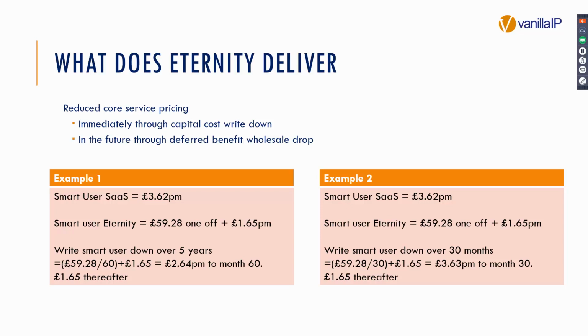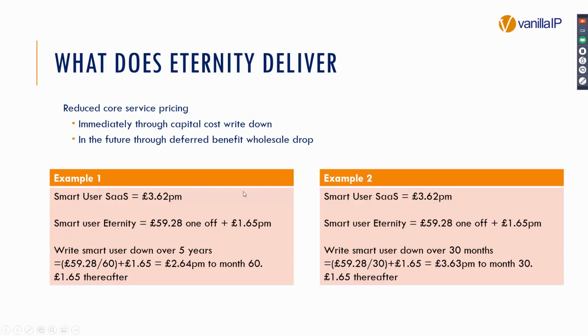There is a capital cost to the license, and then there is an ongoing maintenance charge. But effectively what it allows you to do is to purchase one of these licenses, one of these core long-lasting licenses, and map out a different price point over a period of time. And I've put two examples down just to clarify how that happens.